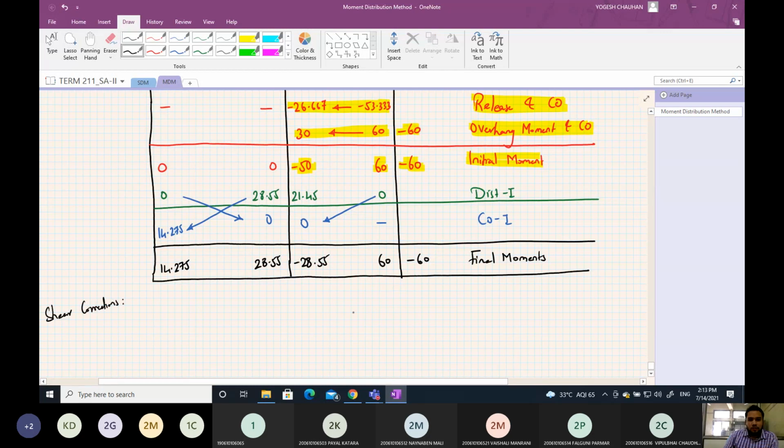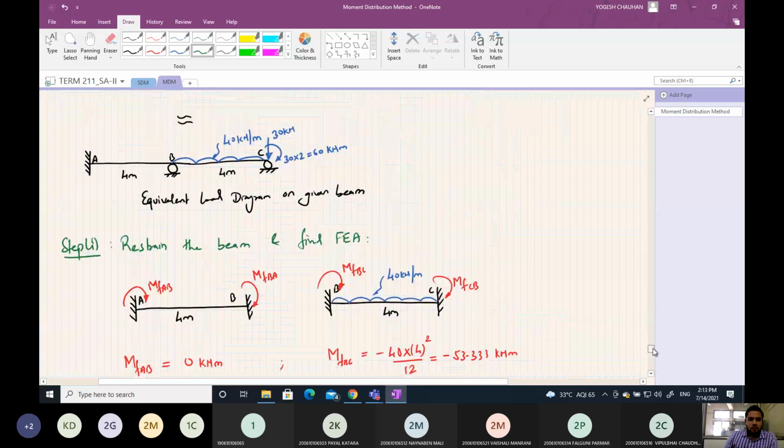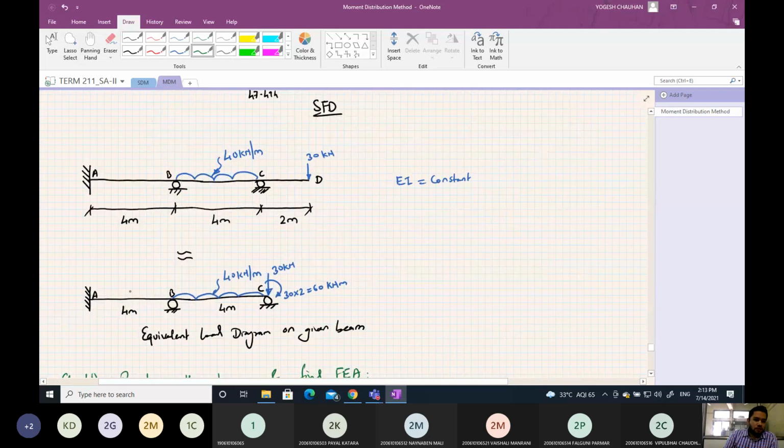So for shear corrections, first write the free shear. See, there is no load on this span, so free shear will be 0 at A and B for segment AB, and free shear here it will be 40 into 4, that is 160 by 2, that is 80 kilonewton here, 80 kilonewton here.